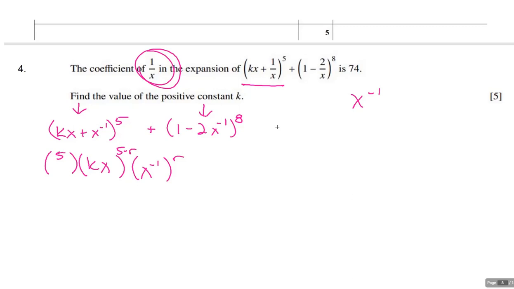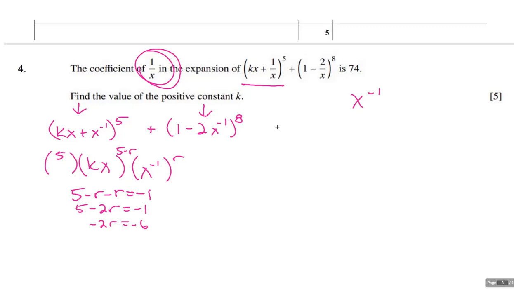5 minus r equals negative 1. And when I combine like terms, what do I get? 5 minus 2r equals negative 1. And when I get the 5 and move it to the other side or subtract it, I get negative 2r is equal to what? Negative 1 minus 5?